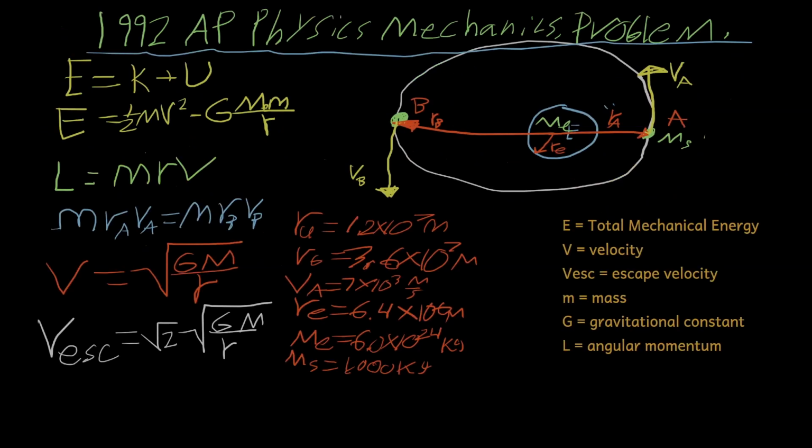At point A, since the velocity is perpendicular to the position vector, we can use our angular momentum equation, which is equal to the mass times the radius times the velocity. But then I also ask the question, where do we get this equation? Because you're not always given this right away, and it's always good to know how we get to it.